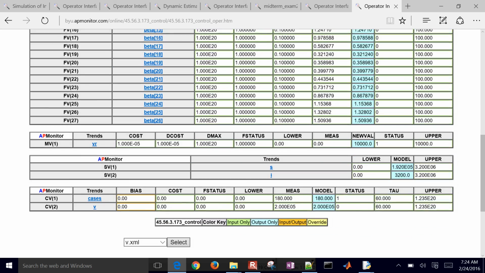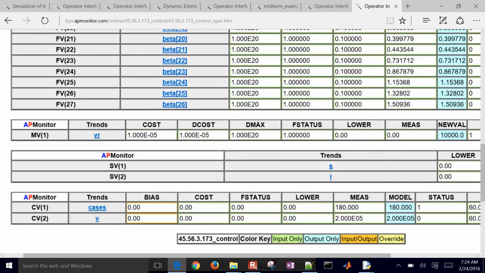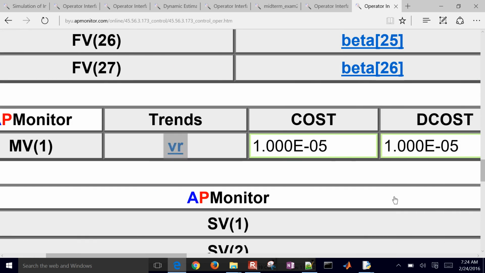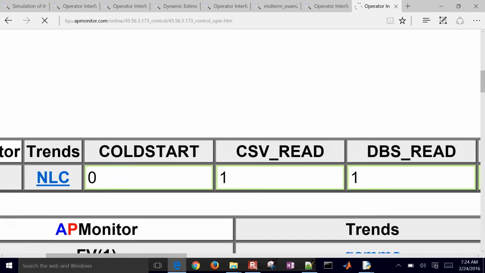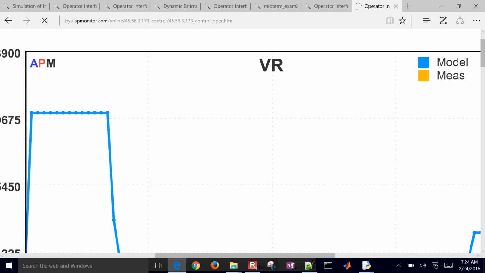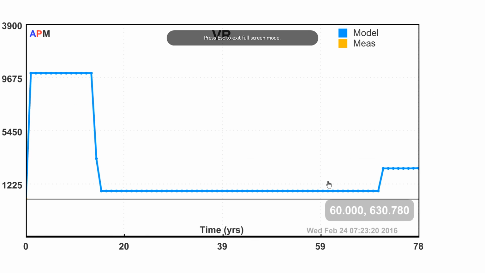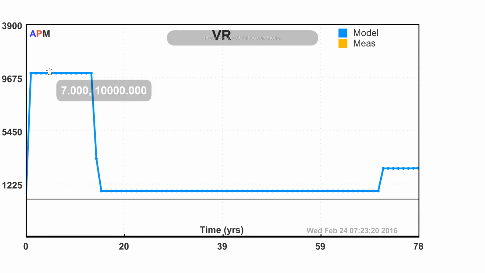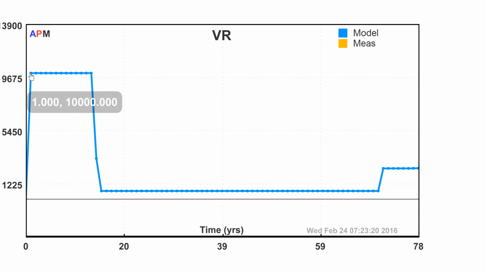Then let's take a look at the vaccine rate. So there's all our gamma and beta values. If you just select this link right here, it'll bring up the plot at the top. Here's the vaccine rate right here. It went to 10,000 initially. 300 cases were too high, but it could only go up to 10,000 for the first 13 two-week time periods.